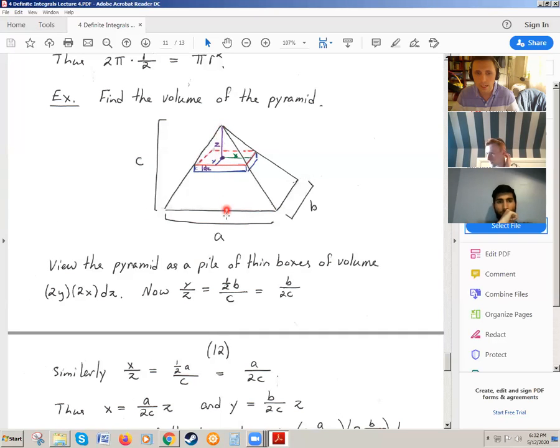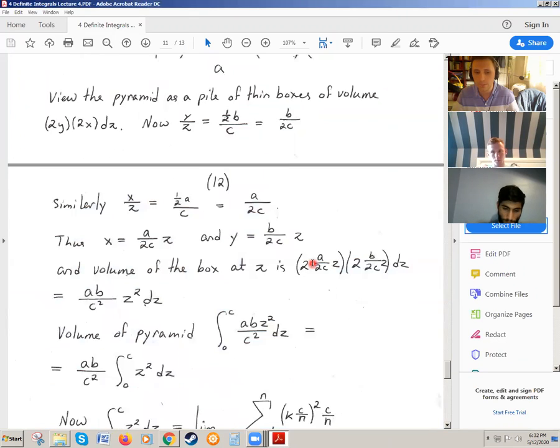So then what do I see? Then I see that, look, in this right triangle, X divided by Z is the same thing as half of A divided by C. Okay? So I do this, and then I do the same thing with respect to B, and I have the corresponding proportions.